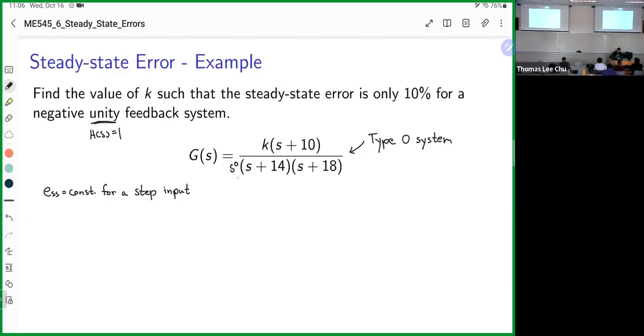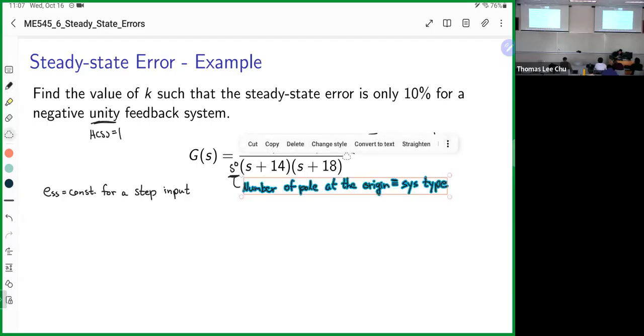The number of poles at the origin is going to be your system type. So 0 poles at the origin is type 0. Maybe I should write that more formally.